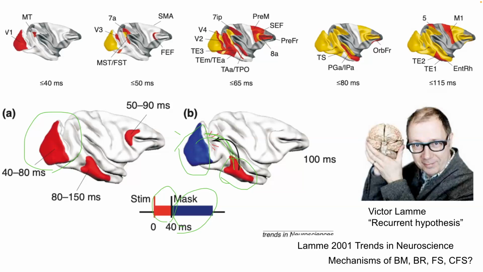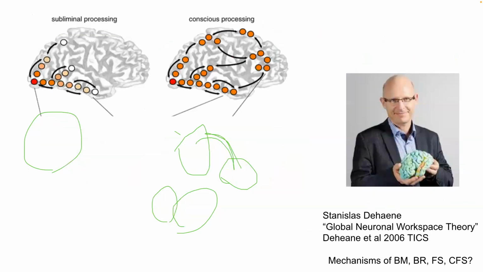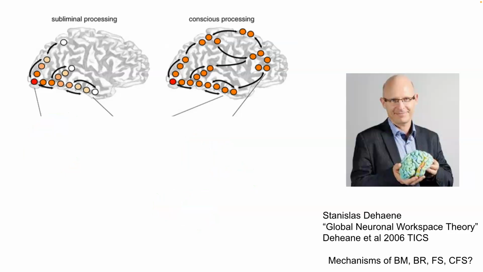Okay. Alternatively, Stan Dehaene, who proposed the global neuronal workspace theory, said something similar actually. There isn't much difference from Lamme's recurrency hypothesis, but it's kind of similar.